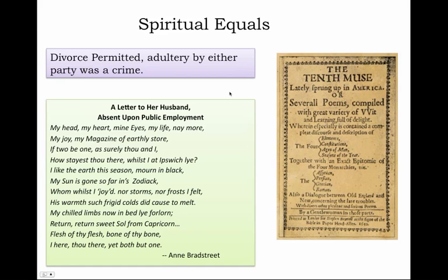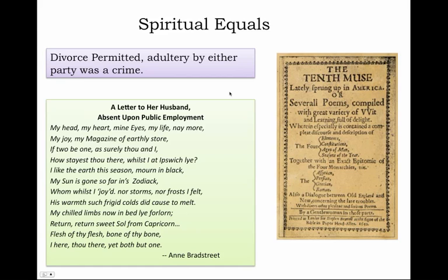Certainly, one Puritan woman of the 17th century, Anne Bradstreet, who wrote poetry in verse, seemed to express a kind of almost romantic or companionate ethic in referencing her husband.